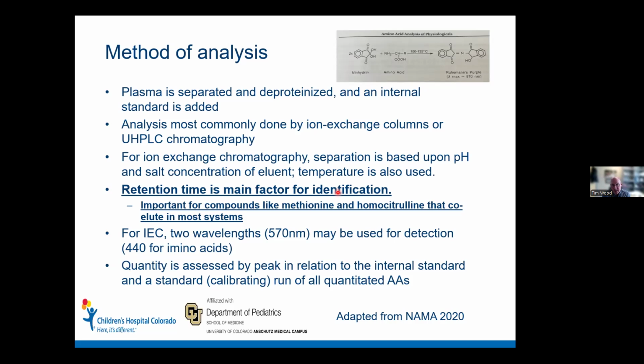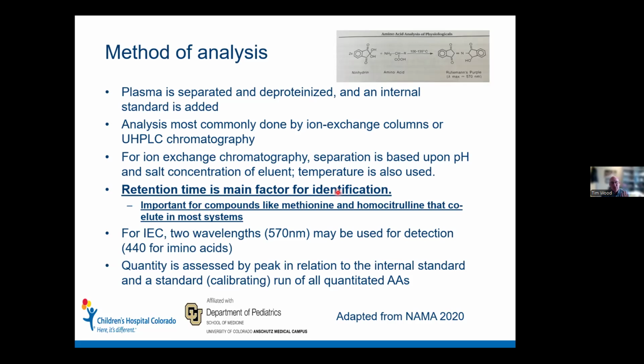Historically, this was done by something called ion exchange chromatography, and more recently with UPLC chromatography. For ion exchange chromatography, the separation is based on a series of buffers and changes in those buffers, changing things like pH, salt concentration, and temperature. One of the big things I want to mention here is that retention time is the main way we identify these compounds.